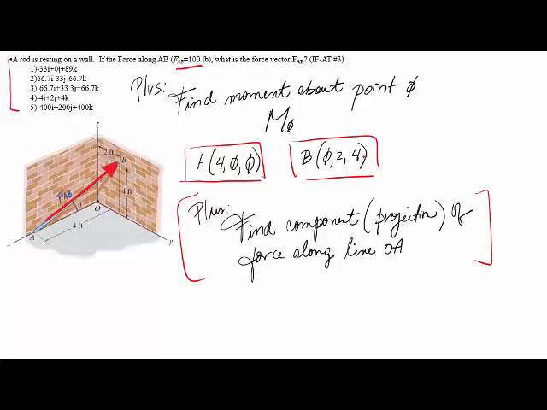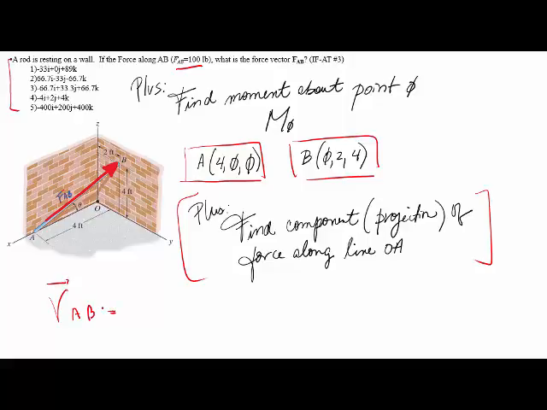Because the position vector, right. So if the force goes from A to B, do I look for the position vector from A to B or from B to A? The position vector from A to B.